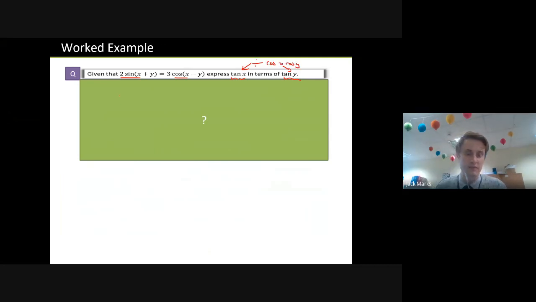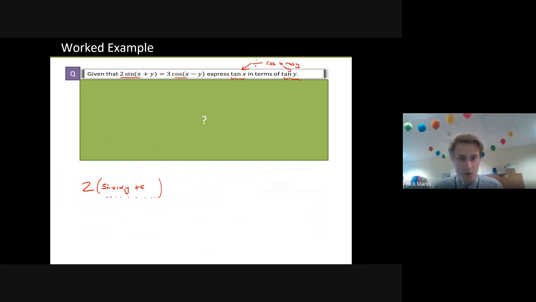So let's investigate. The first thing we do is we use the rule. So that's 2 multiplied by sine x plus y. I'm going to put the whole addition rule that you just saw earlier here, and make sure I multiply it by 2. So sine of A plus B is sine of one, cos of the other. And the way I like to remember it is, what have you not done yet?